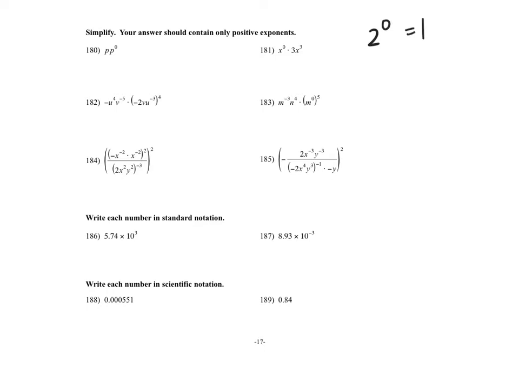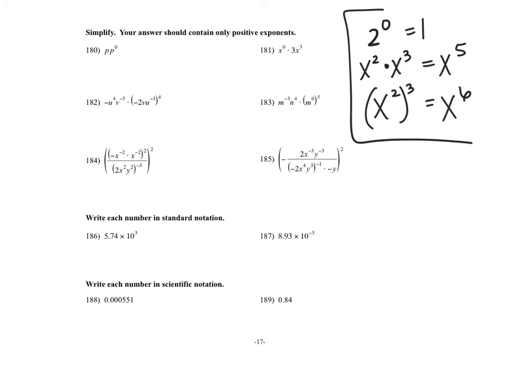2 to the third. Let me rewrite that. We'll say x to the second times x to the third equals x to the fifth, but x squared to the third is going to equal x to the sixth.